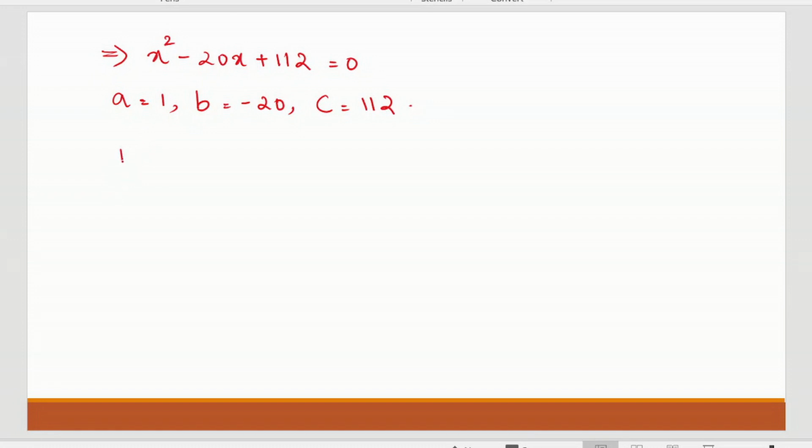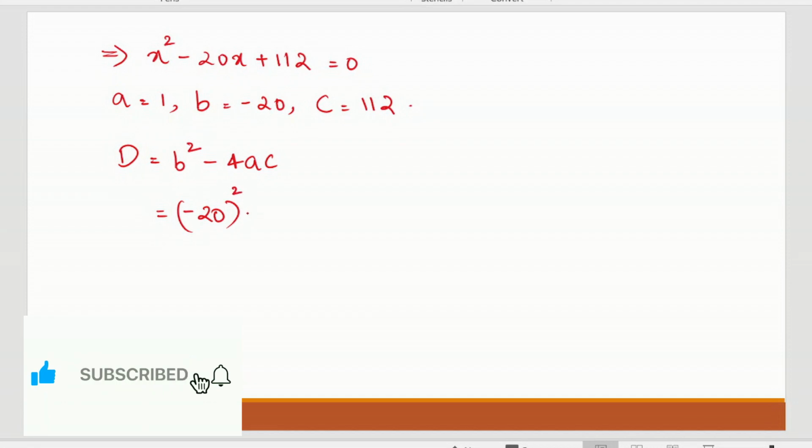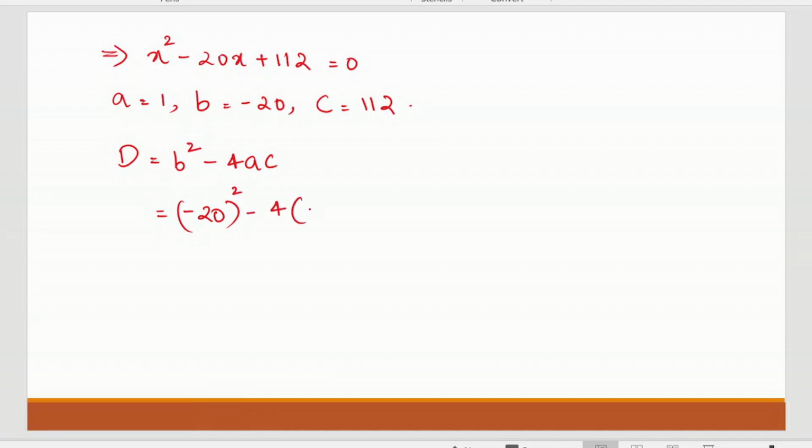So the discriminant is b square minus 4ac. Right. So what is b here? B is minus 20 whole square minus 4 into a is 1 and c is 112.